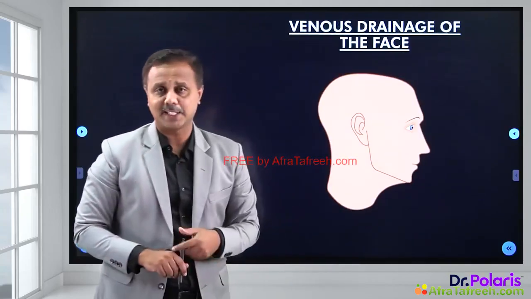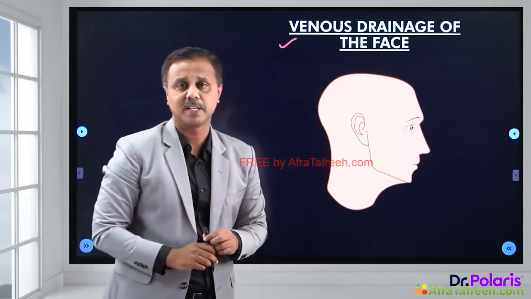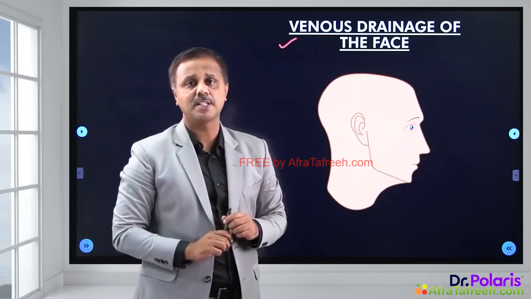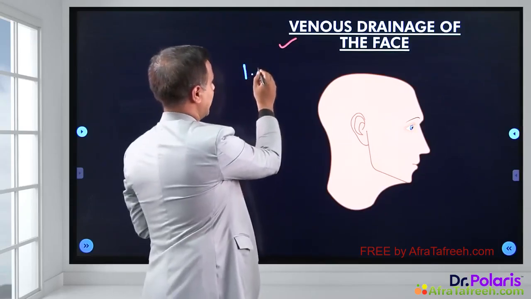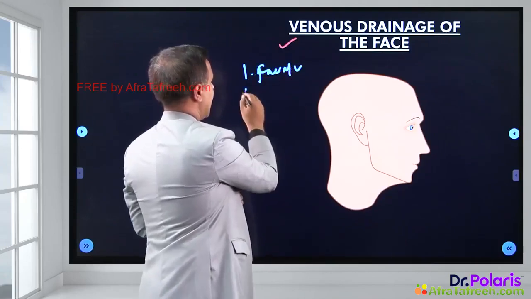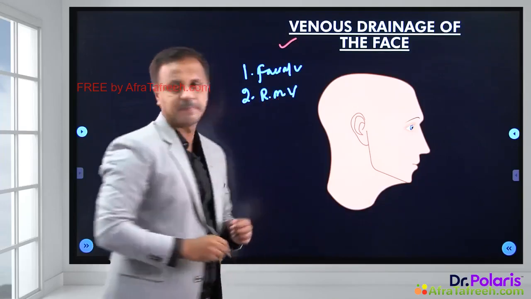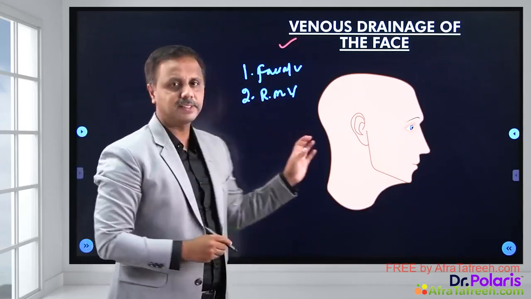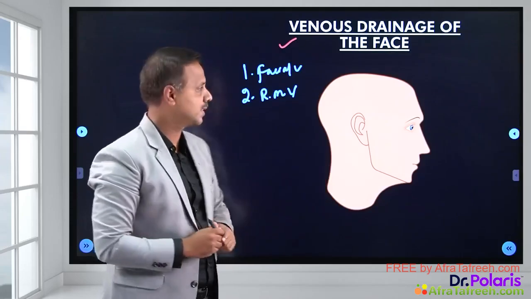Once we have learned the arterial supply, let's learn about the venous drainage. The venous drainage of the face is by two important veins. These veins are, one is the facial vein and the other one is the retromandibular vein. We have learned this in the discussion of the topic of scalp, but this will be a revision for us.